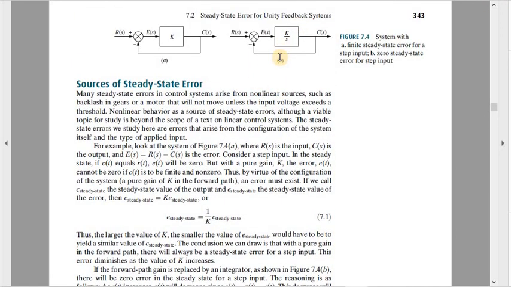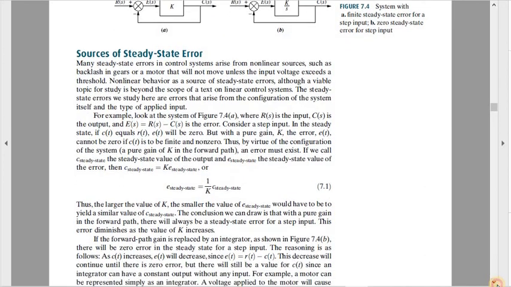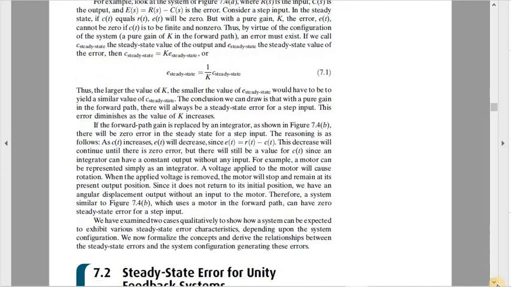We need a constant input. That's why we introduce an integral here, which makes the steady state error go to 0.